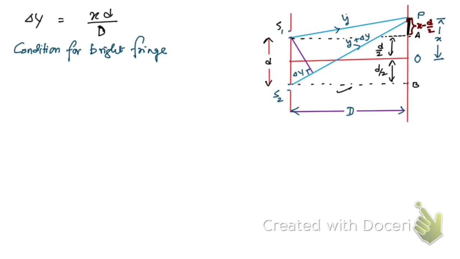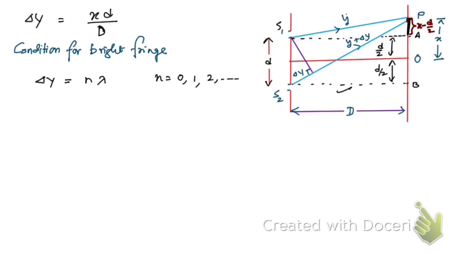Okay, so that path difference del y must be equal to an integral multiple of lambda, so n may be equal to 0, plus minus 1. Let me write just 1. Okay, 0, 1, 2, and so on, right? So now you see here, actually we can write plus minus here.